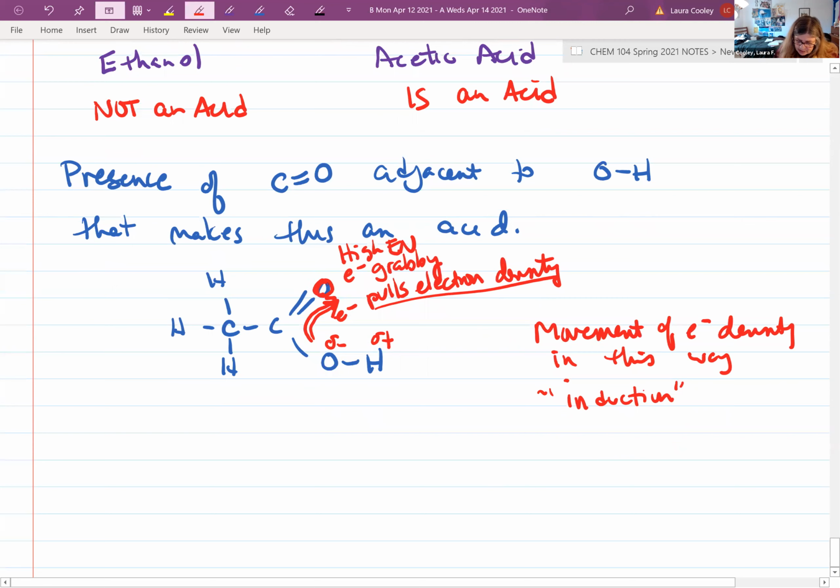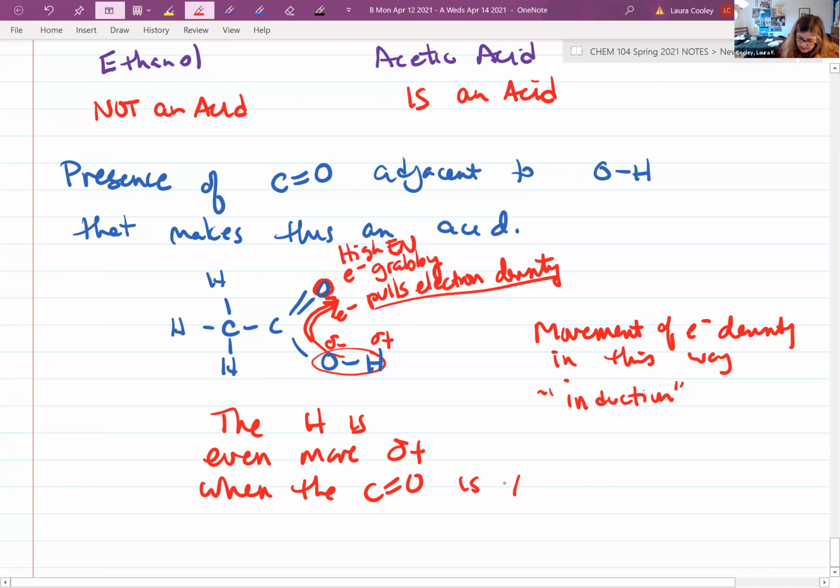So the presence of this extra oxygen here, pulling electron density away from this center over here, effectively away from the hydrogen, means that the hydrogen is even more delta positive when the C double bond O is there.